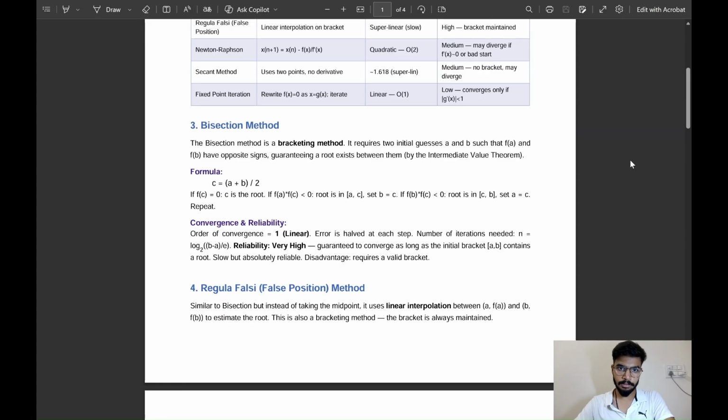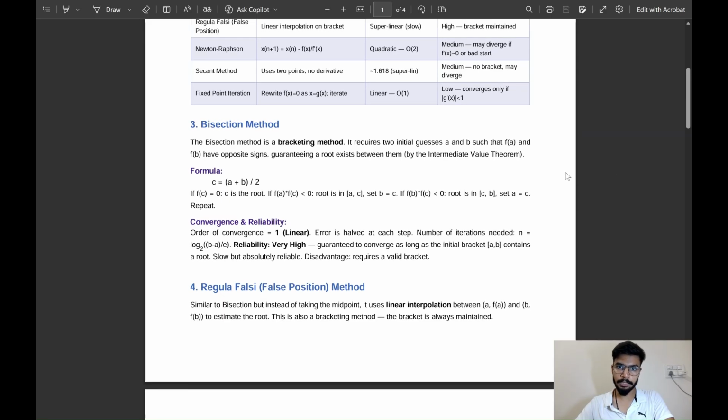This method is a bracketing method. It requires two initial guesses a and b such that f(a) and f(b) have opposite signs, guaranteeing a root exists between them. The formula is c = (a + b)/2.